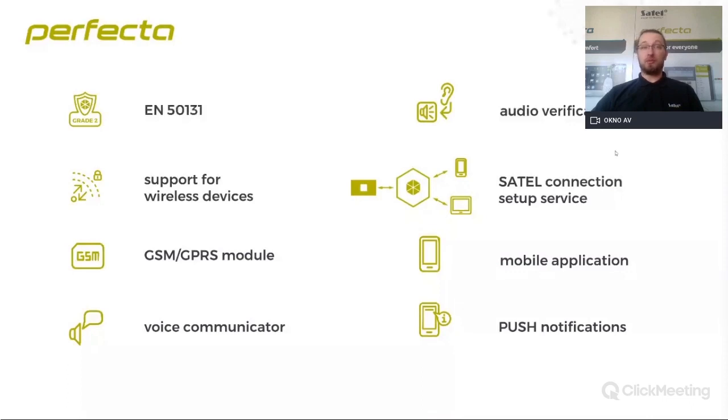So this is very, very important, especially if you are using the mobile application Perfecta Control. Voice communicator, of course, there is a possibility to install it for older users that are not that keen on mobile applications and smartphones. So you still have a possibility to use a voice communicator, so voice messages.